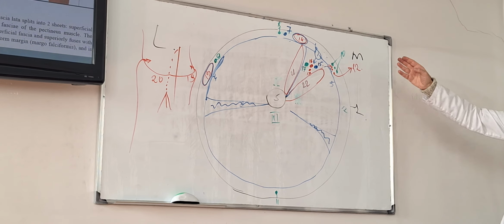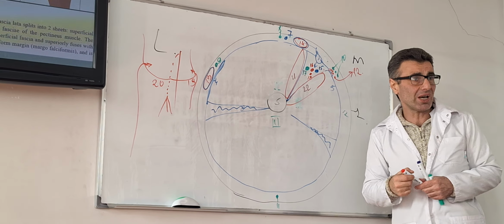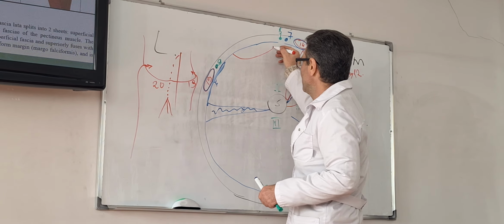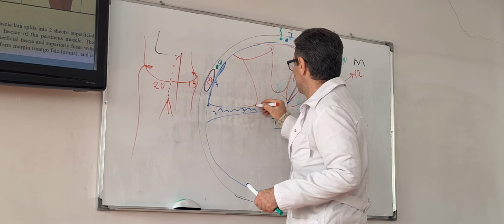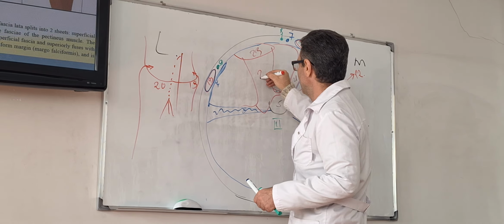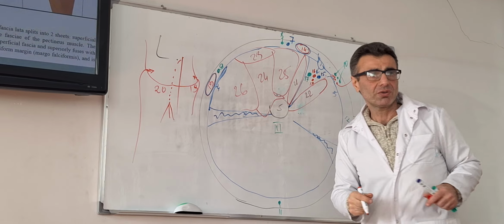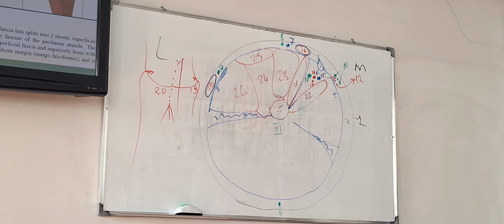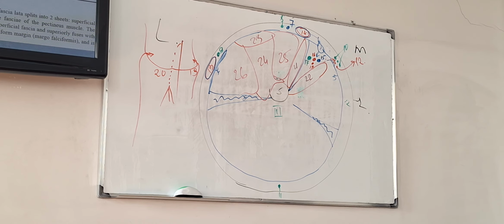Let's continue now to draw the muscles. Here we have quadriceps, the biggest extensor. That's 1, 2, 3, and 4. Put the numbers 23, 24, 25, and 26. 23 is rectus femoris, 24 vastus intermedius, 25 vastus medialis, and 26 vastus lateralis.